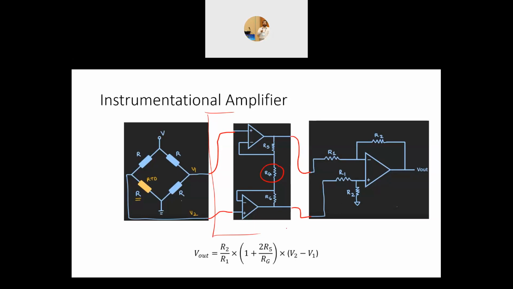And the output of your instrumentation amplifier is R2 over R1 times V2 minus V1. So this is your differential input, differential output, and there is another factor that comes from R5 and R6. We assume that R5 is equal to R6, so it's the same resistance. Again, I will leave the full derivation of this formula in the video description. So RG is a resistor whose value you can change, so you can play with the gain.